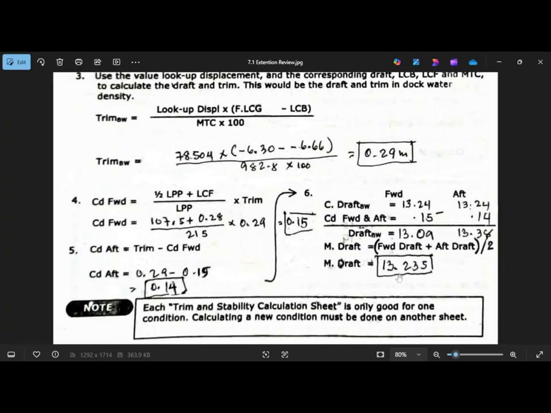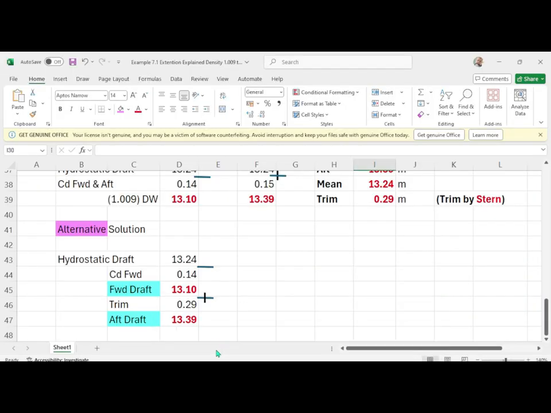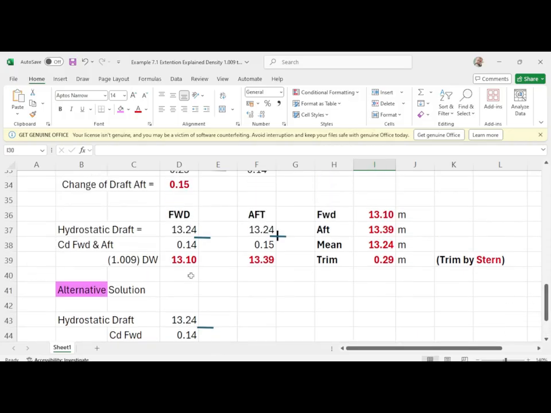and your mean drop is 13.235 or 13.24, which I have here: 13.10, 13.39, and mean drop is 13.24.